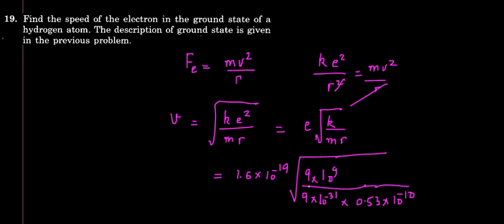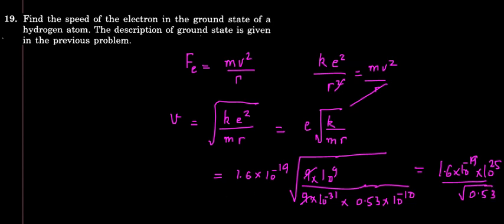The 9 and 9 cancel, and we have 10 to the power of minus 31 minus 10, that is 10 to the power of minus 41. When it goes upstairs, you add 41 plus 9, that's 10 to the power of 50. For 10 to the power of 50, the square root is 10 to the power of 25. You write 1.6 into 10 to the power of minus 19, then you have to take the square root of only 0.53.